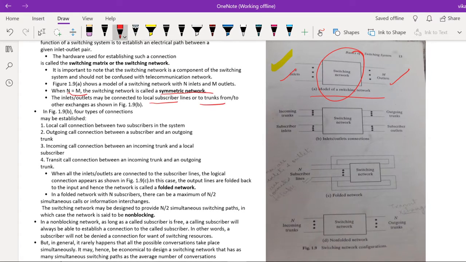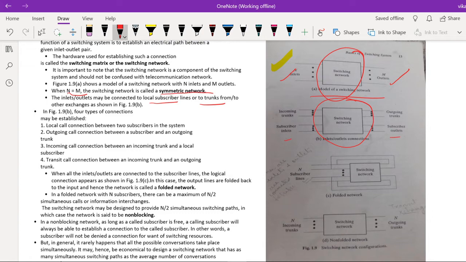What is a local subscriber? A subscriber within the same city, while trunk calls go from one city to another. Right? Now Figure 1.9b shows the subscriber inlets and outlets. These are the local subscribers which are connected through this exchange, and incoming trunks and outgoing trunks mean the subscribers are connected via this switching network to some other exchange for trunk connection.